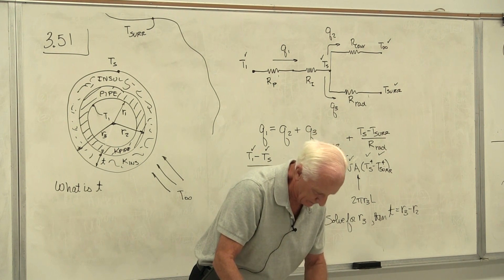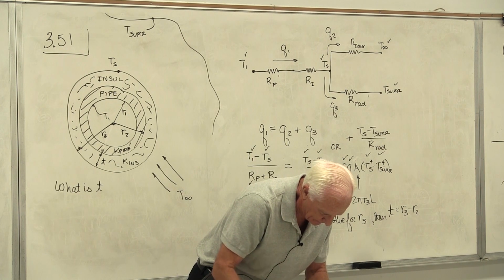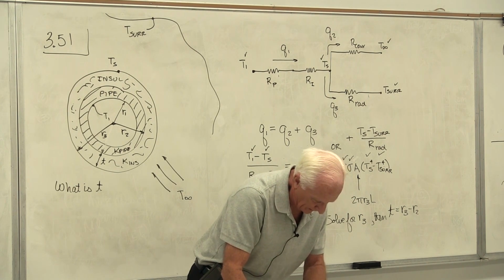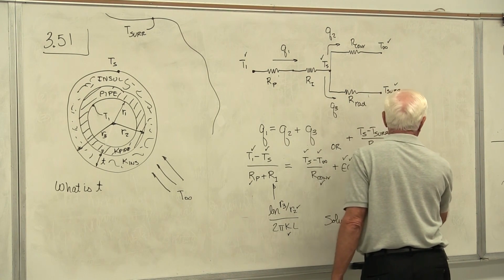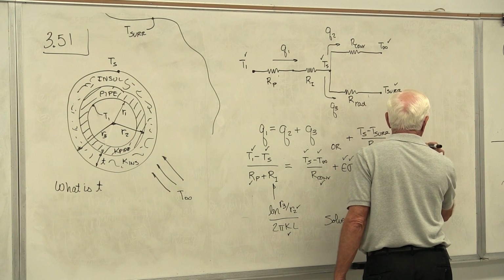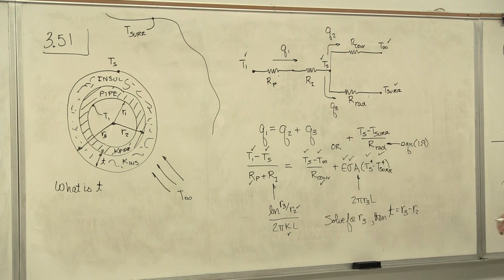Okay, there it is, R radiation, equation 1.9. You can do it that way. It's just, in my mind, this was a little bit easier. We haven't talked about the radiation resistance because it's not as convenient to use as convection resistance or conduction resistance. Why? It's got this fourth power in it, which makes it kind of messy.